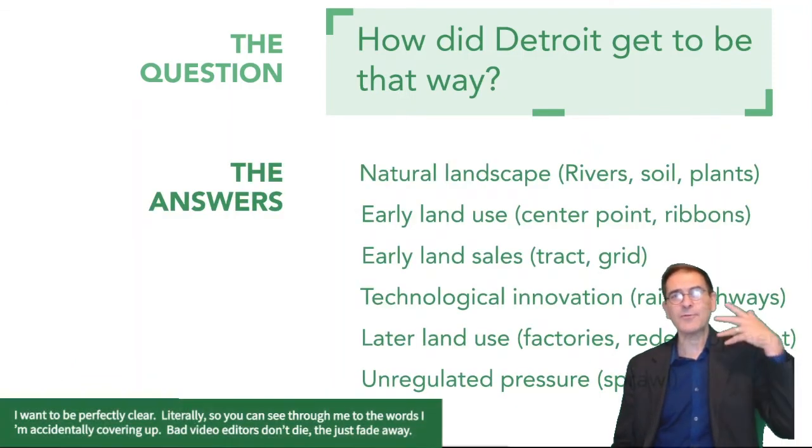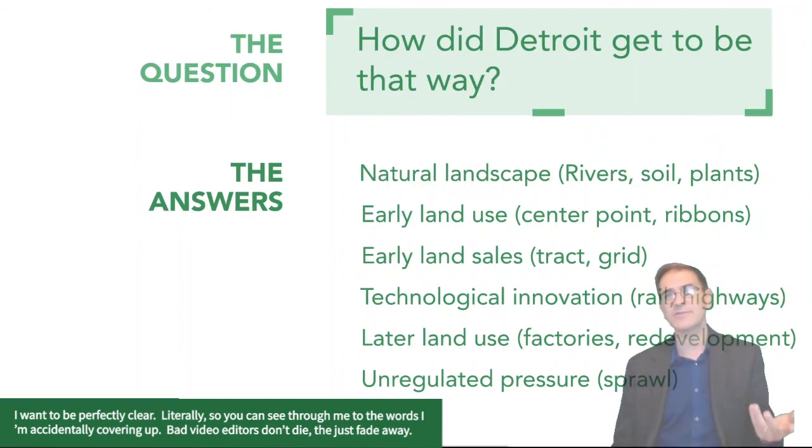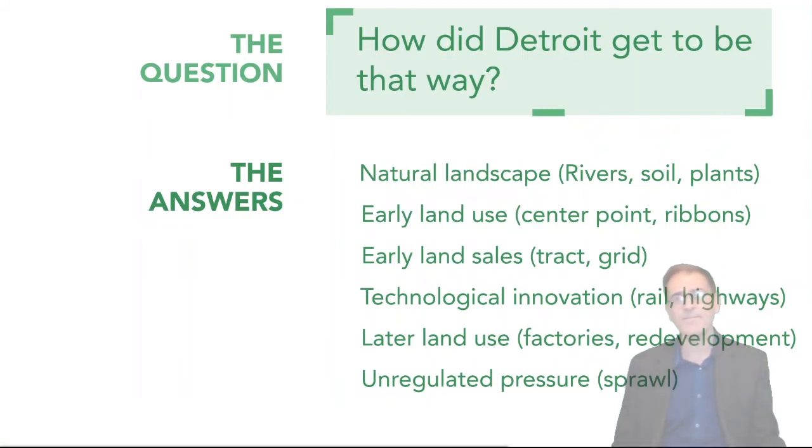If you're back from hitting pause, I would say that the real key is the elements that we're looking at here. That natural landscape that emerged over time with tectonic change and ice ages and other geological change that shaped the natural landscape, the vegetation that was here, which shaped the early land use, where that initial fort was and where those ribbon farms emerged from, which shaped the way that the land was sold and the way the land was shaped into grids, and then was modified by new technological innovations, better roads, railroads, highways, and then was subject to really intensive land use with factories and with later redevelopment attempts to shift populations around.